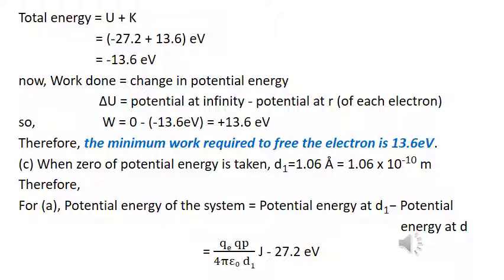By putting all the values, we get Q E into Q P upon 4 pi epsilon naught d1 joule minus 27.2 electron volt, which we have obtained in the last section.